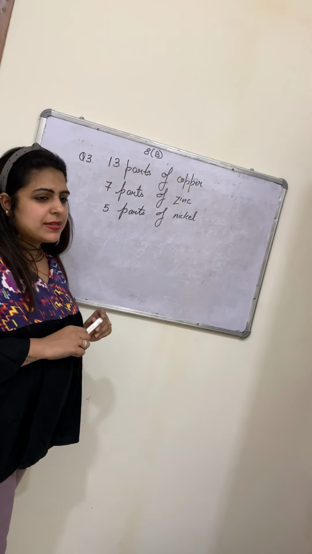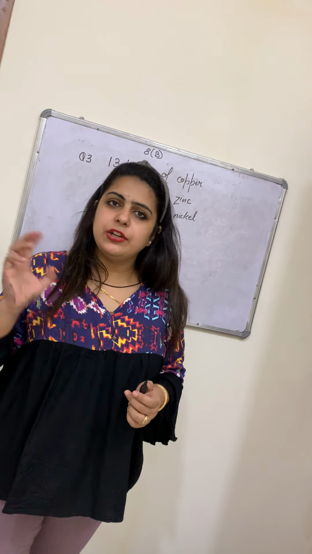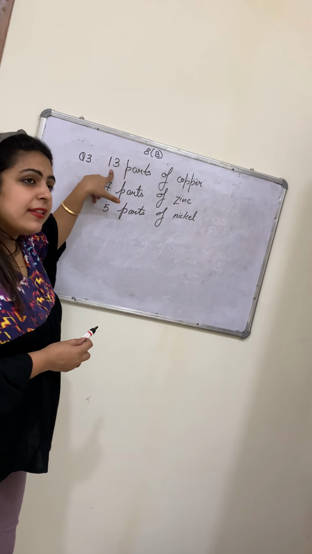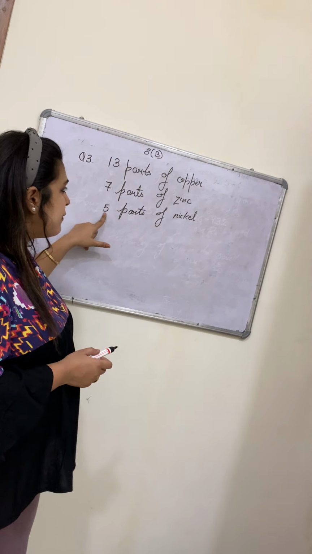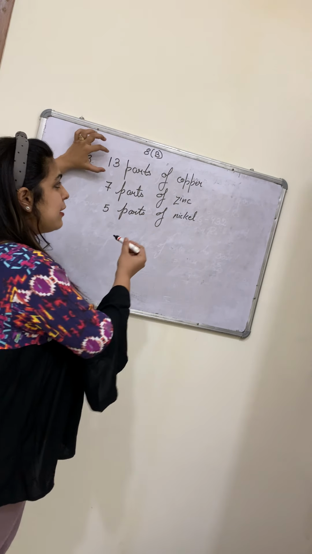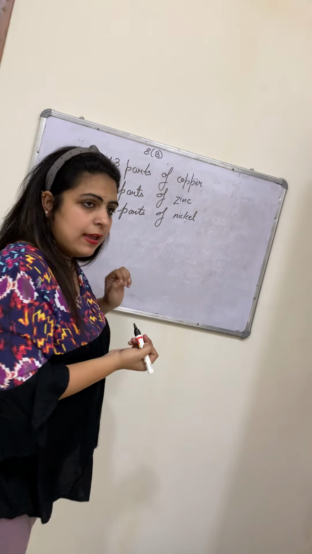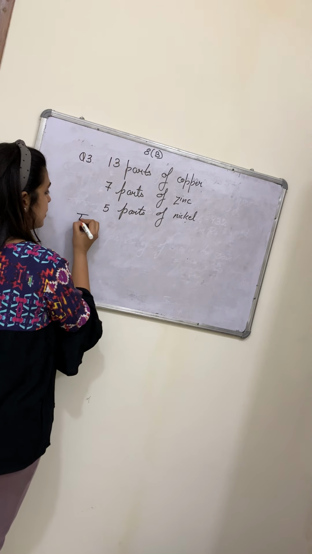So for finding the percentage, just now we have done the question: saving upon total into 100. We need the total. We know copper is 13 parts, zinc 7 parts, nickel 5 parts. I have to calculate the percentage of each, but we don't know the total. So first of all we are going to find the total.